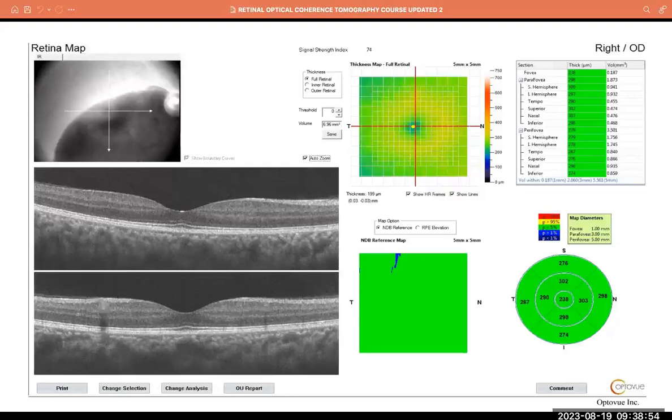So looking at this one now, the fovea itself, which is the 1 millimeter, is 238. So this is adjudged as normal. It's usually around 200 to about 250 thereabout.